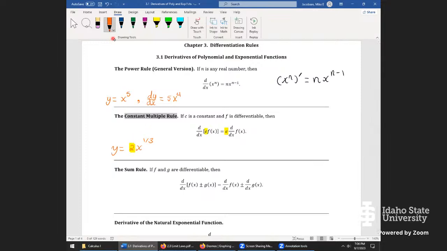So here's how this one would differentiate. You can call it dy/dx like we did above, or you can just call it y prime. So upon differentiating y prime, the constant multiple rule says, the moment you see a constant, you can just copy it down. Here it is. That 2 copies in. Now this part where it says d/dx of f of x, that's where we return to this right here and differentiate.